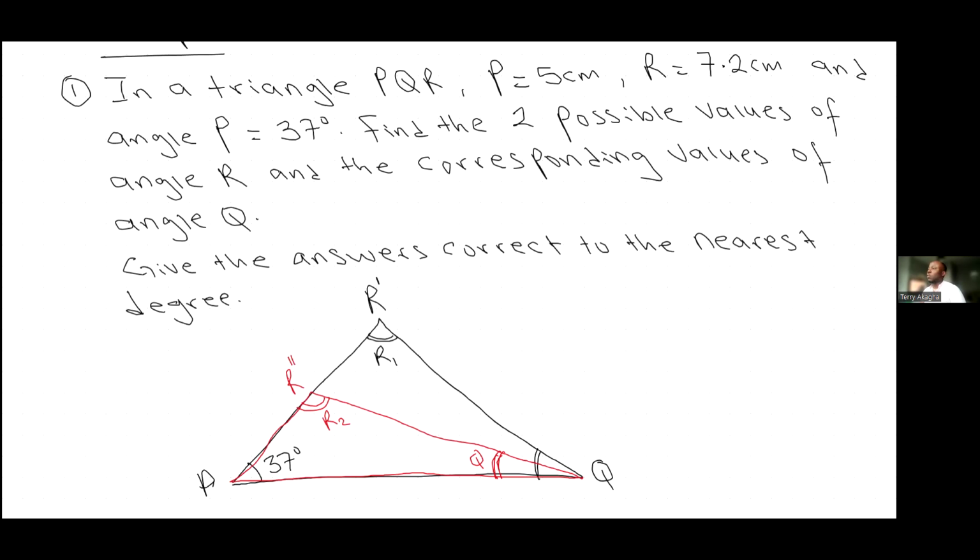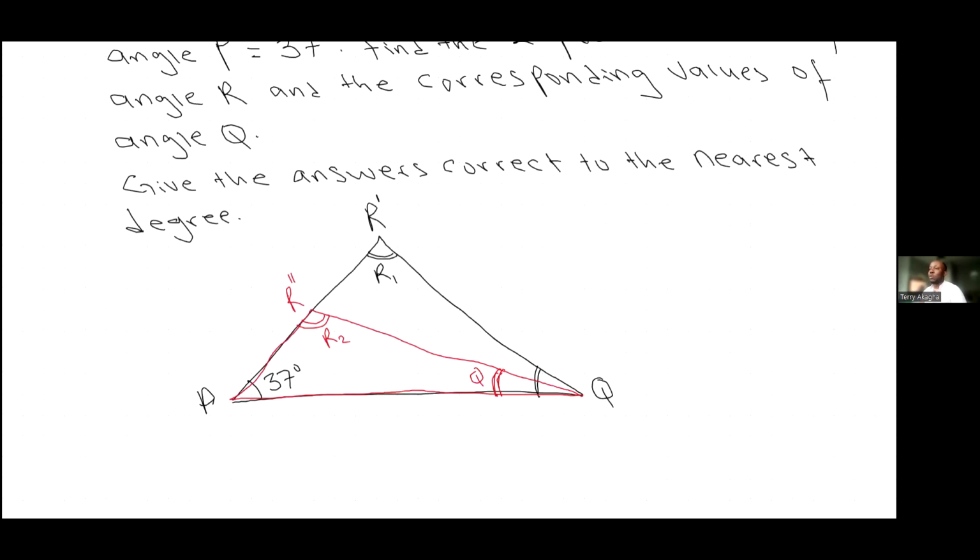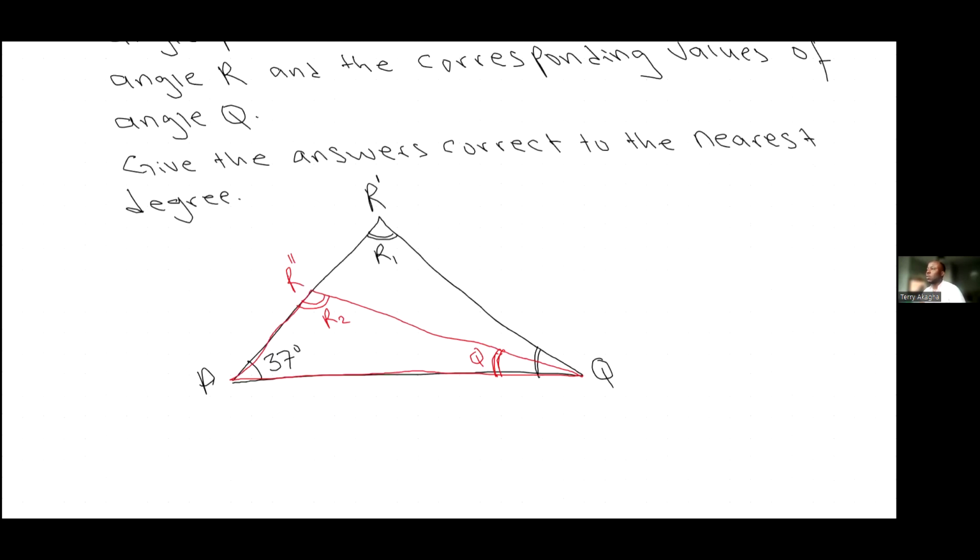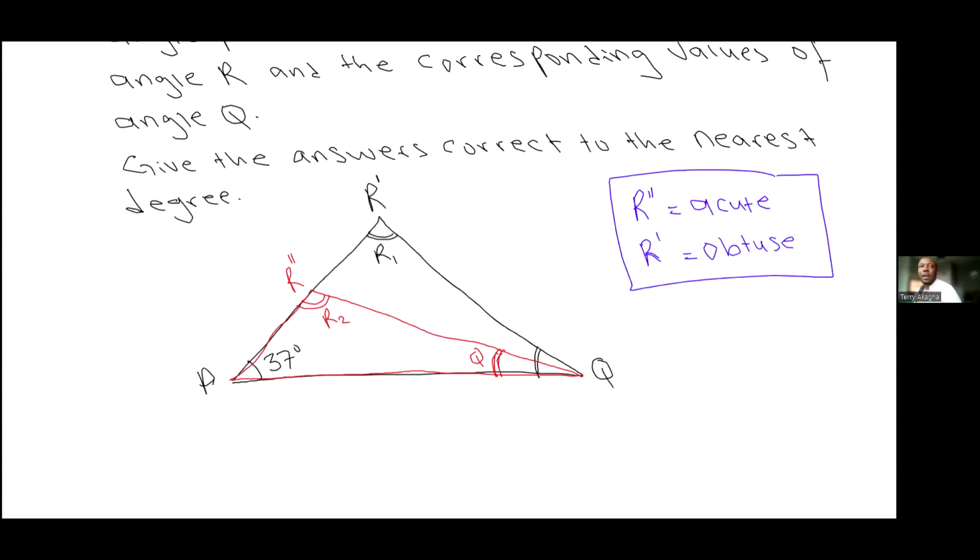From this, we can see that R2 is going to be the acute one, while R1 is going to be the obtuse. One of them is acute and one is obtuse. Remember the graph here is not drawn to scale. So R1 is the obtuse and R2 is the acute.